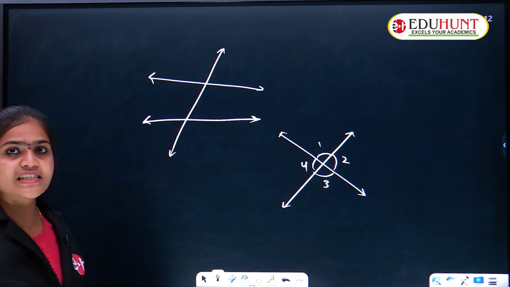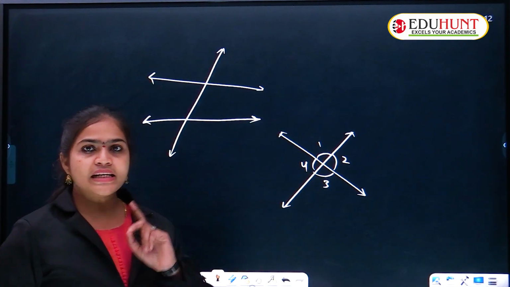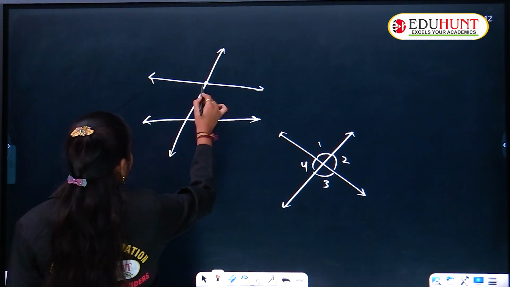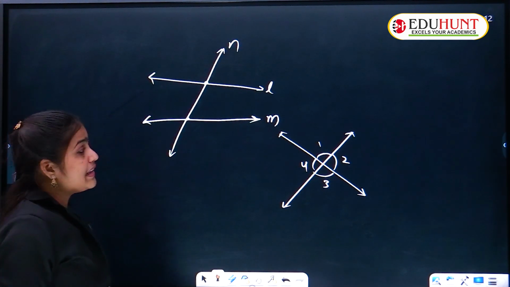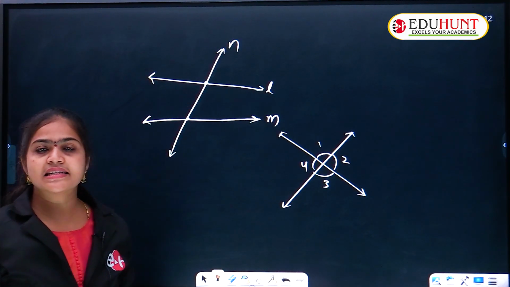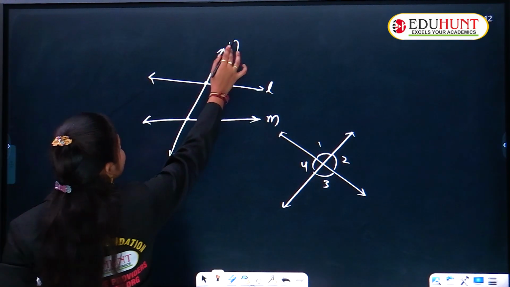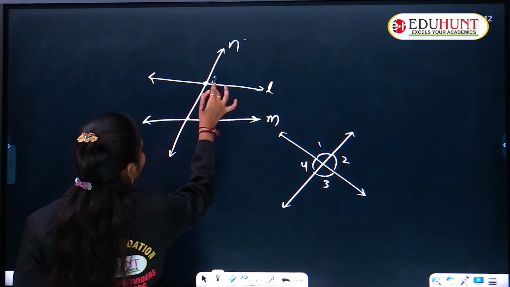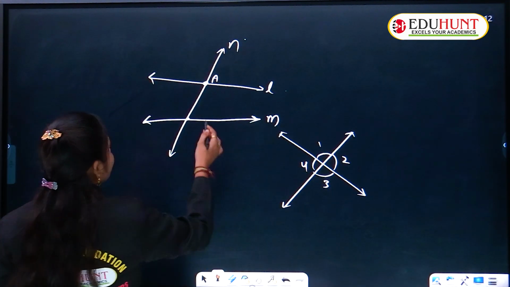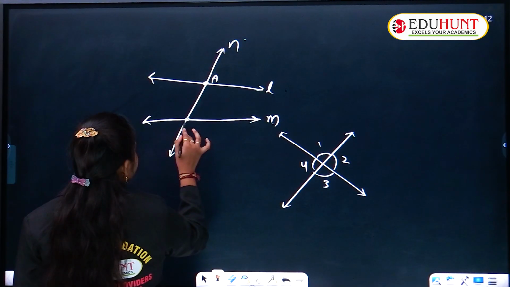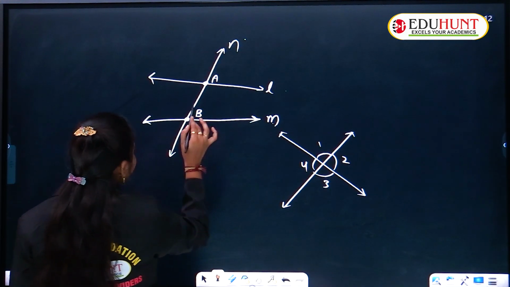How many distinct points can we observe here? 2 distinct points. This is N, L, M. Now we can say that L and N are intersecting lines, yes or no? Yes, because these two lines are passing through the same point. Then we can say that A is the point of intersection. And in the same way, N and M are also intersecting lines. This is B.